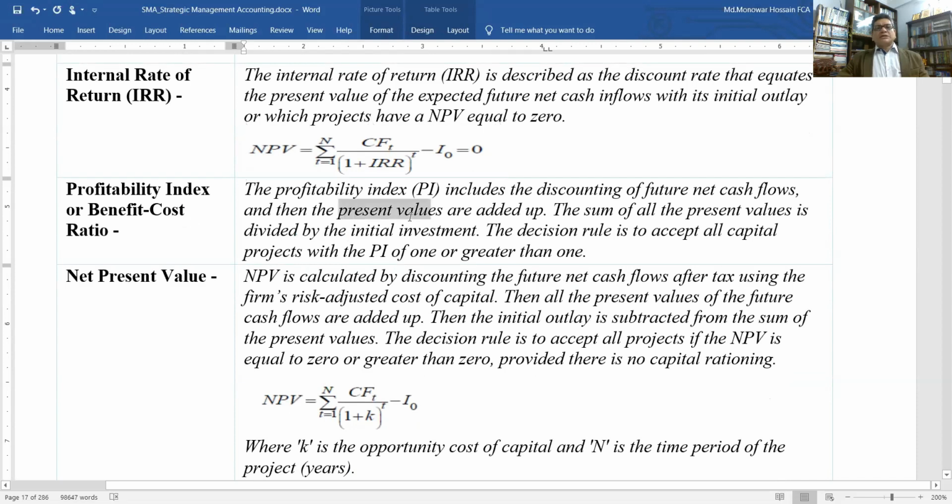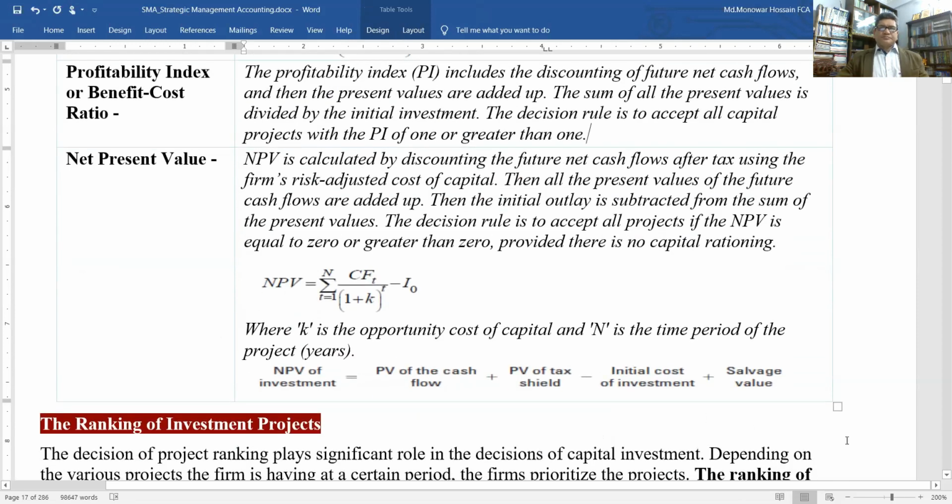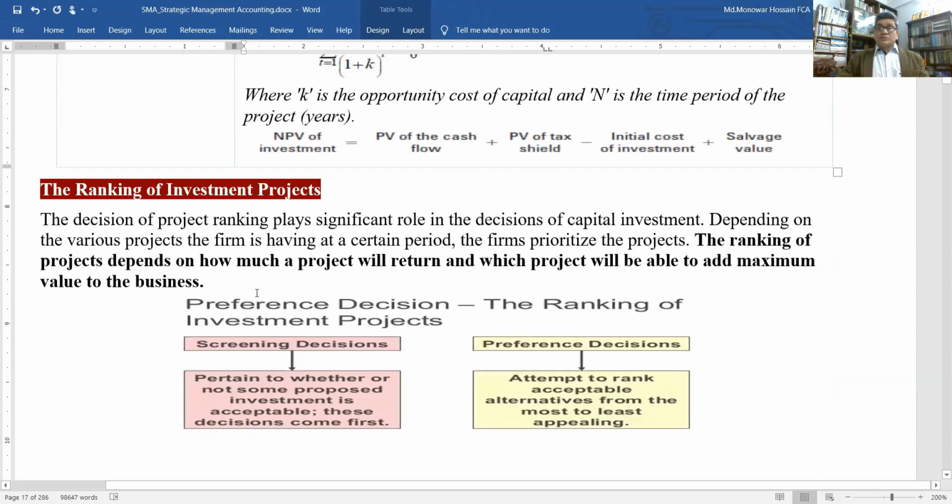Here, PI more than 1 would be acceptable. NPV, this is the NPV formula. Okay, so we will solve a lot of problems in our future modules.